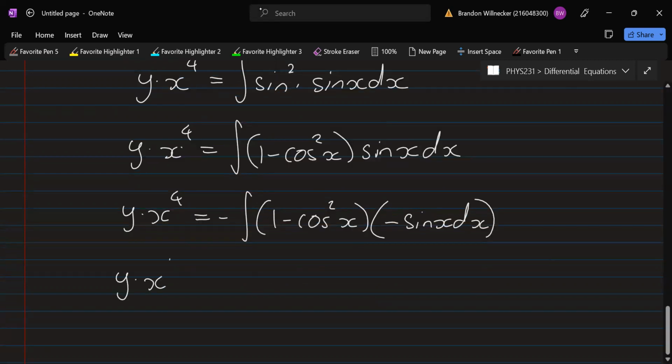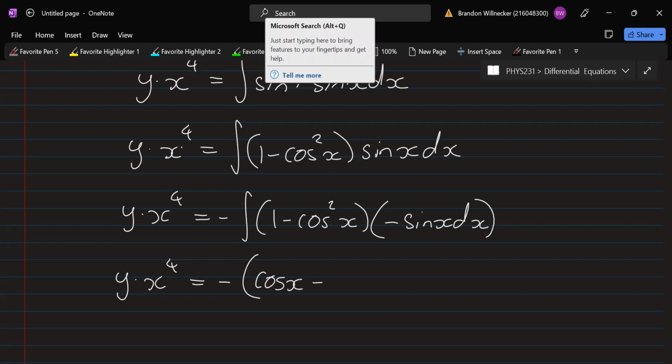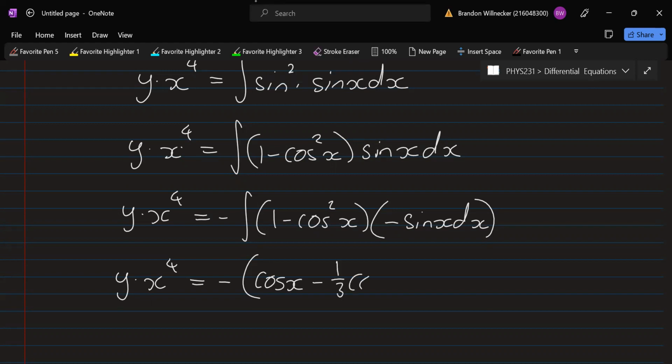So y times x to the 4 is equal to minus, and then this is going to give us cos x minus 1/3 cos cubed x plus c.